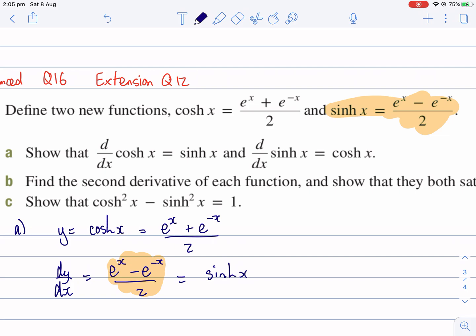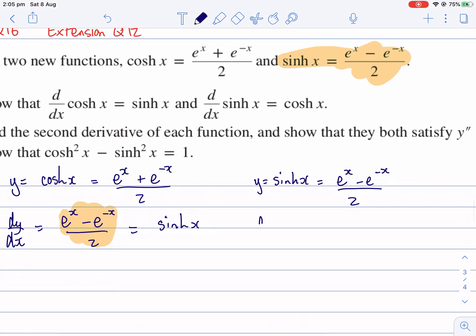Okay, if we have y equals sinh x, that's how we pronounce it, this time we're going to have the opposite thing happening. We've still got our e to the x, but we've got minus e to the minus x, it's times minus 1, so it becomes plus.